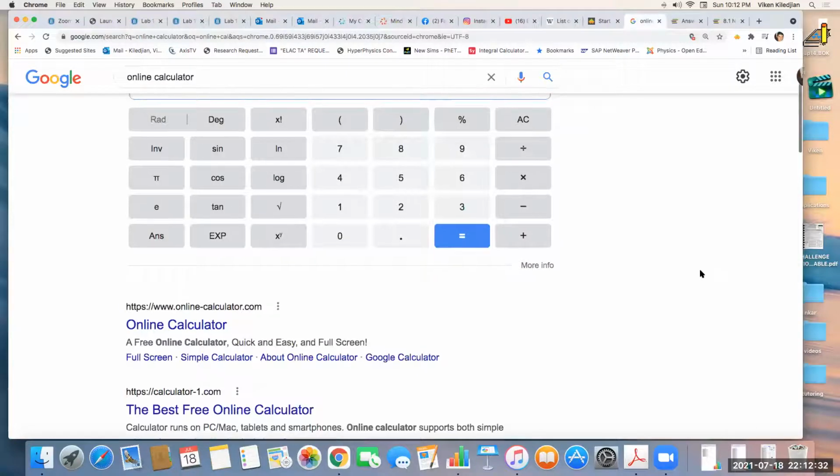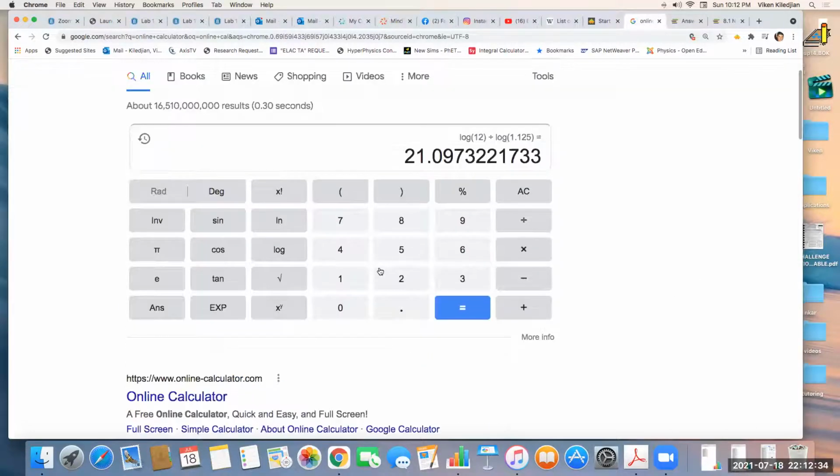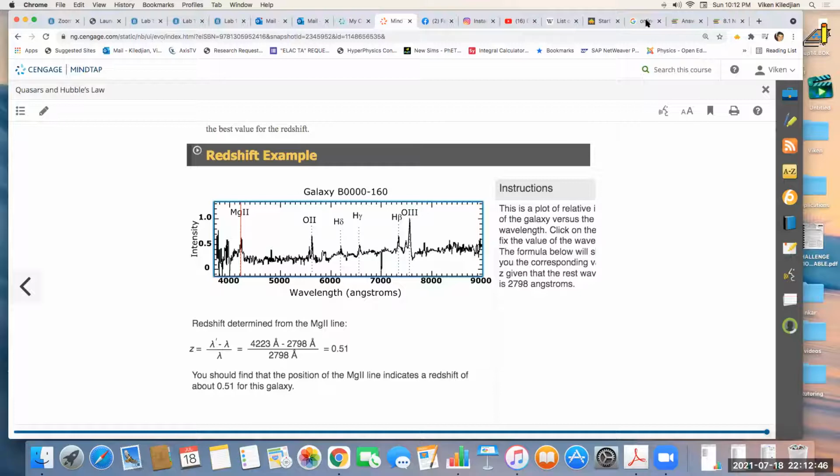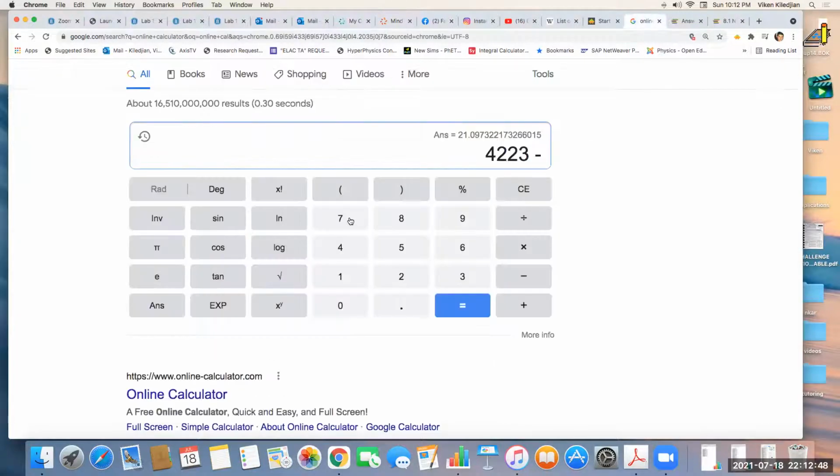Okay, so let's go to 4223 minus 2798, and then you divide that by 2798.